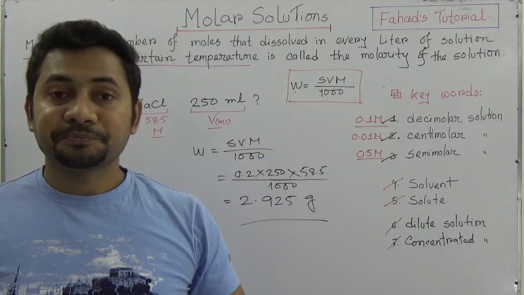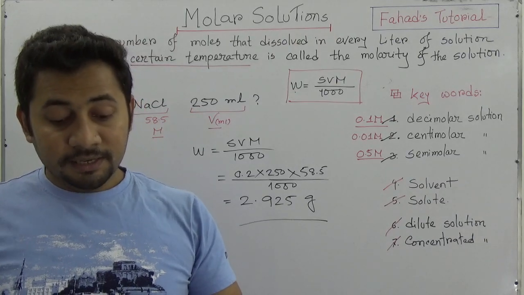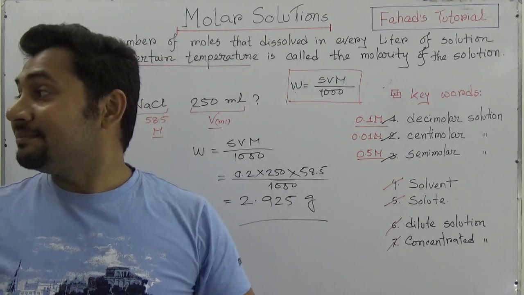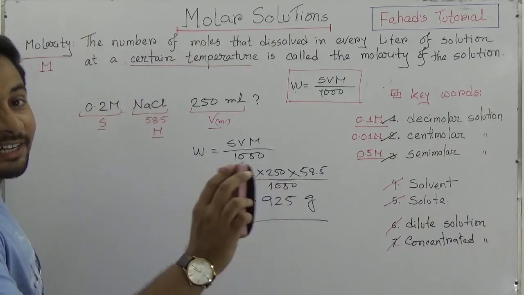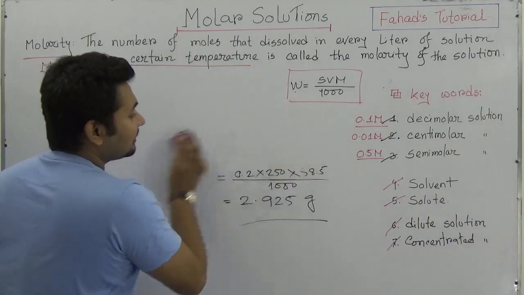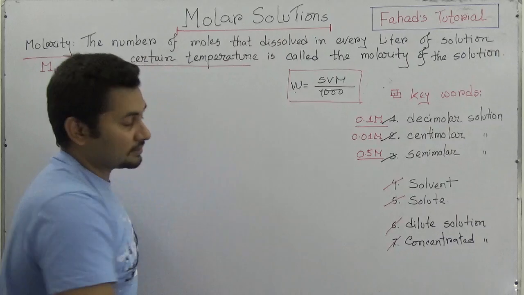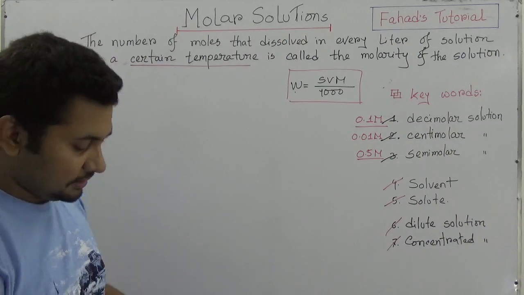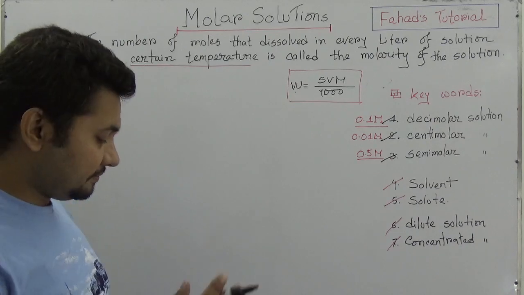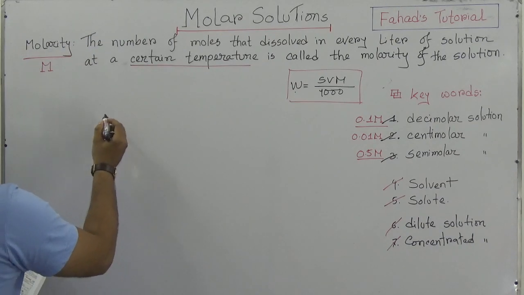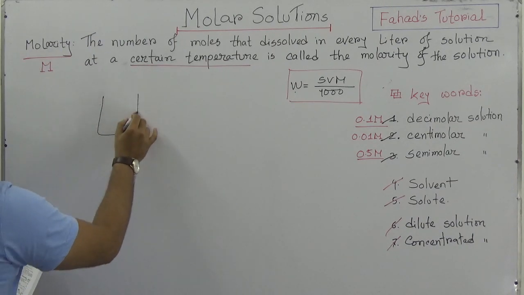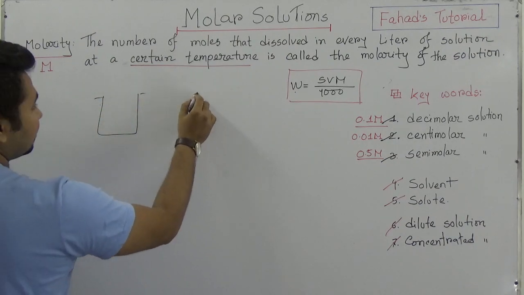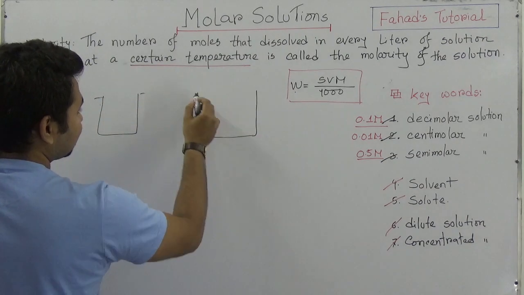Usually, sometimes these easy questions are not available in the question paper. Some tricky questions also come, and I will definitely upload videos on that. Suppose from a test paper, a beaker is given.